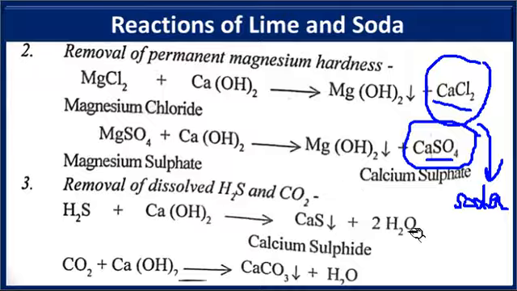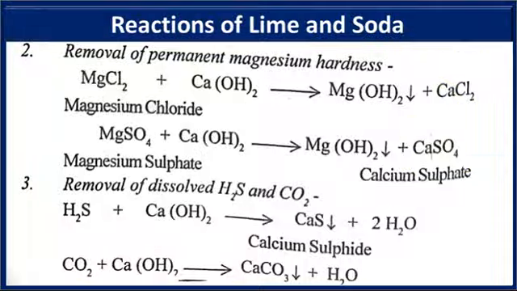What is soda? Soda is the sodium carbonate. So permanent magnesium hardness for its complete removal requires 1 mole of lime as well as 1 mole of the soda. Why? Because it generates the equivalent amount of permanent calcium hardness, and for removal of this permanent calcium hardness we require 1 mole of soda. That is why whenever in the numericals permanent magnesium hardness is given, remember that it requires lime plus soda for its complete removal.